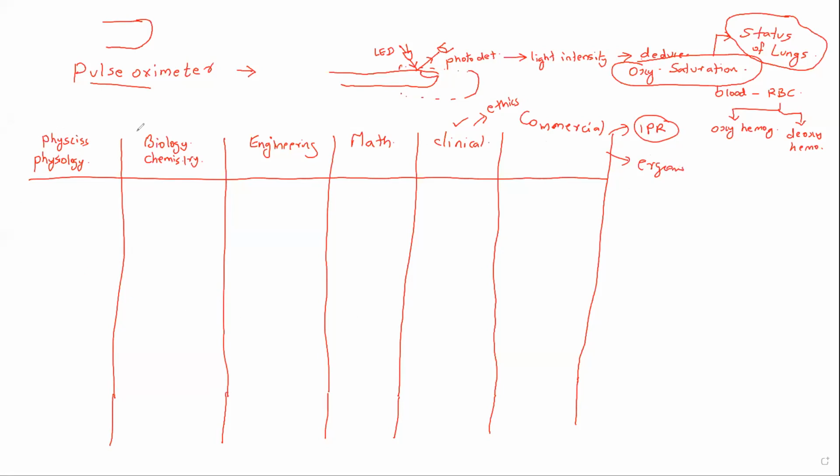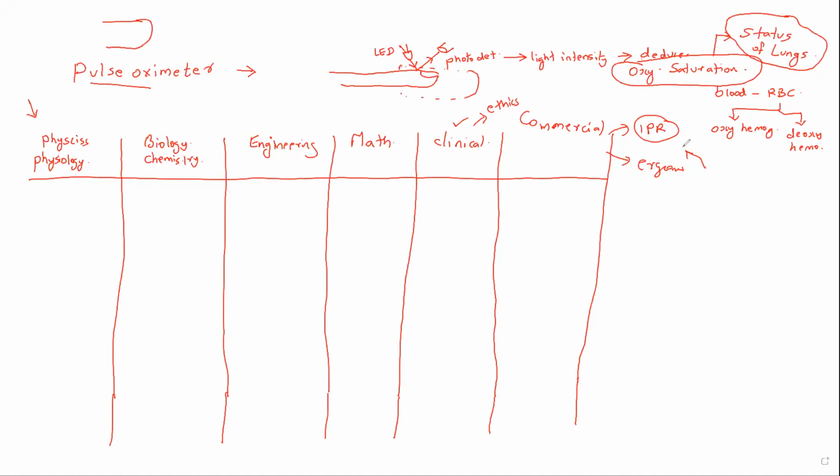Now, you have to view this biomedical engineering from all these perspectives. You cannot stop. If you start with a problem here, you are supposed to reach this point, not single-handedly, but with the help of a team.